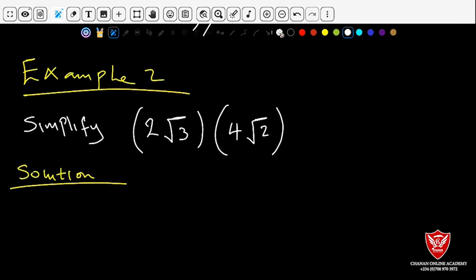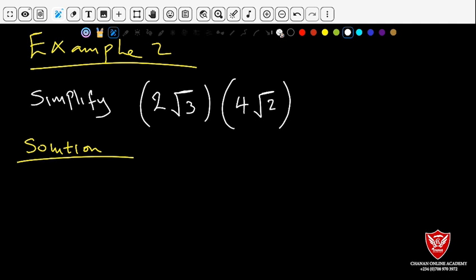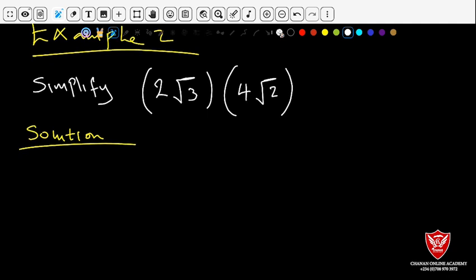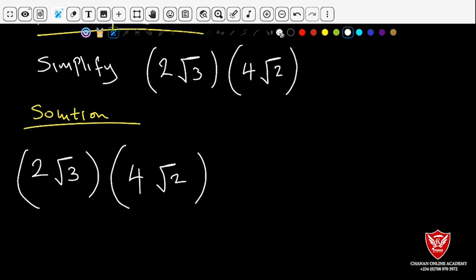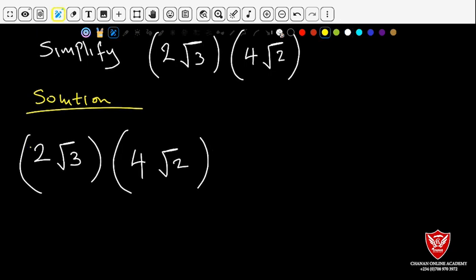All right, so we're asked to simplify this question. This question is a straightforward multiplication. So in this case, for you to be able to multiply this, let's bring it down. We have 2 root 3 in one bracket, and 4 root 2 in the other bracket. What we need to do is, this 2 is the coefficient, and 4 also is the coefficient.